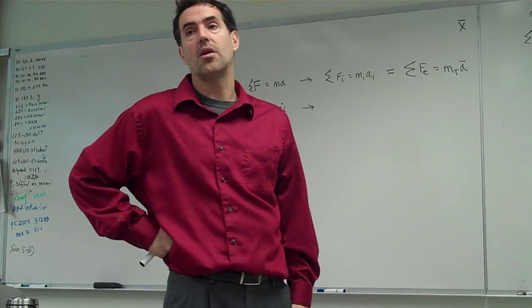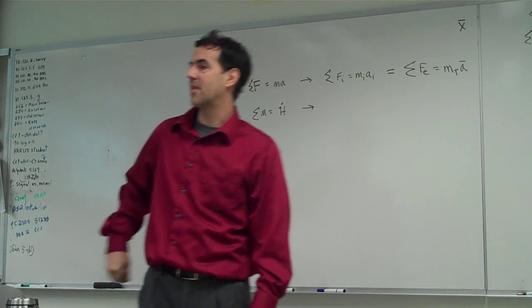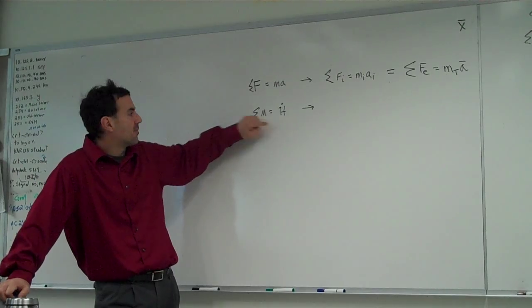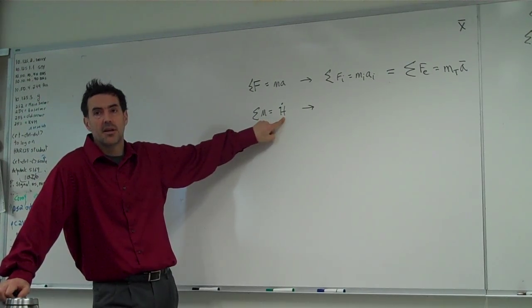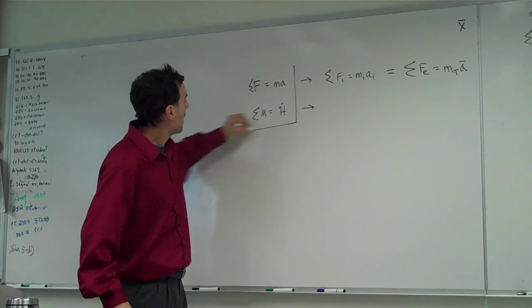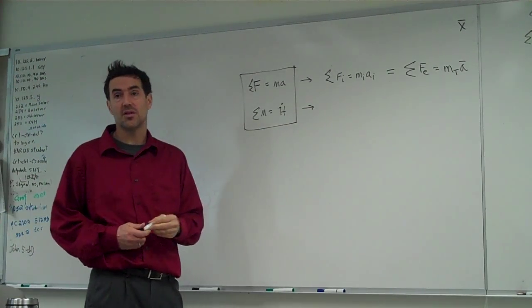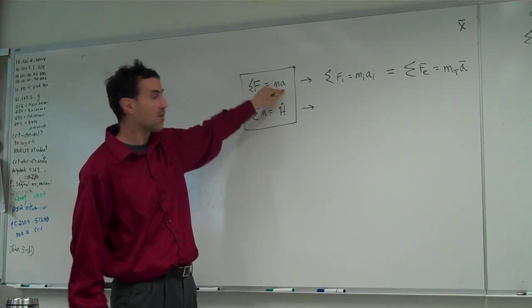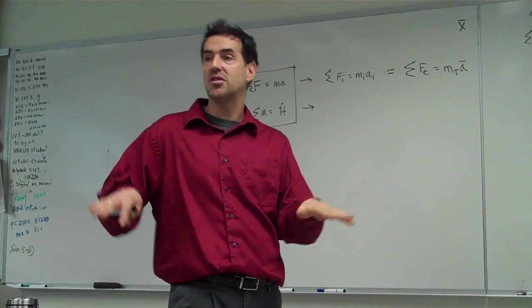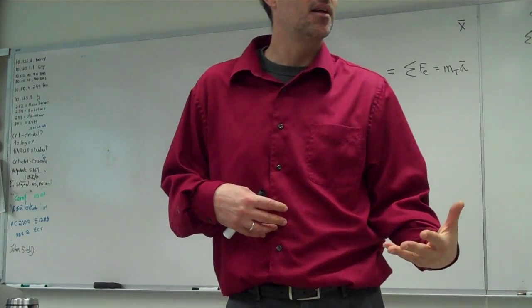The next equation I wanted to develop, we got partway done last class, was I want to have some similar relationship for sum of the moments equals h dot. You'll get nowhere in statics without both of those equations. Of course, in statics, sum of the forces equals 0, sum of the moments equals 0. But you can't do statics with only half of it.